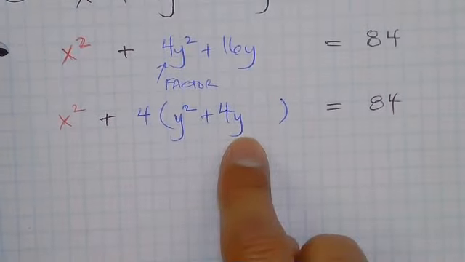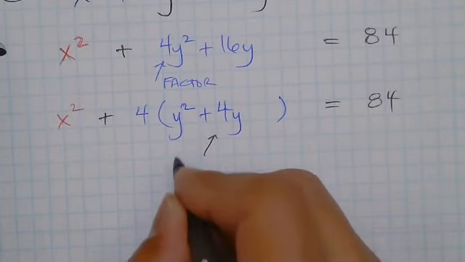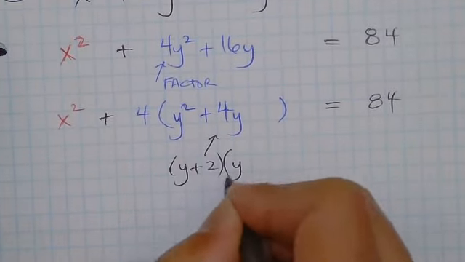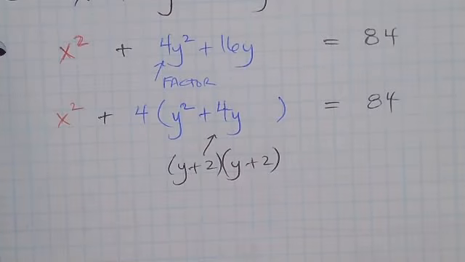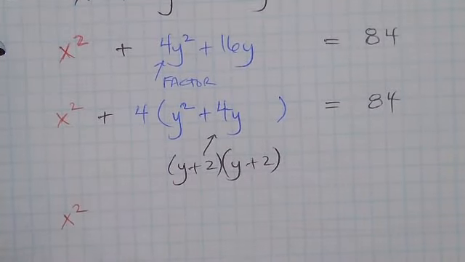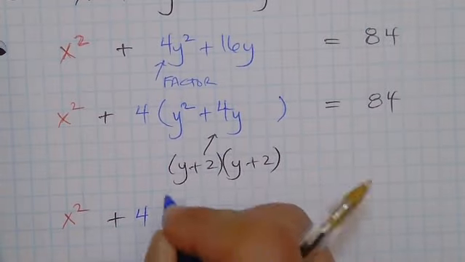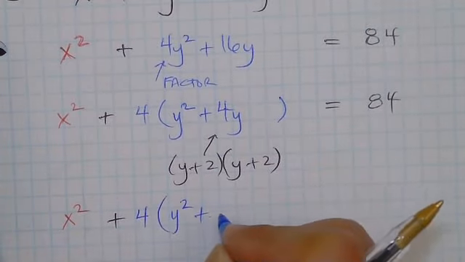We have to complete the square here. I look at this middle term, and if that's a 4, would you agree that's going to be a 2 and a 2, (y + 2)(y + 2)? Yeah. Now I'm going to write it again because I like to show every step, and that way you don't get confused when you're looking at your notes.